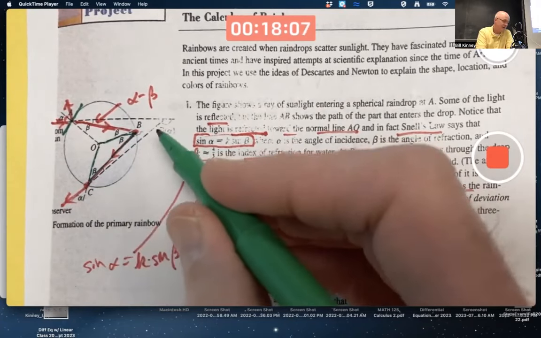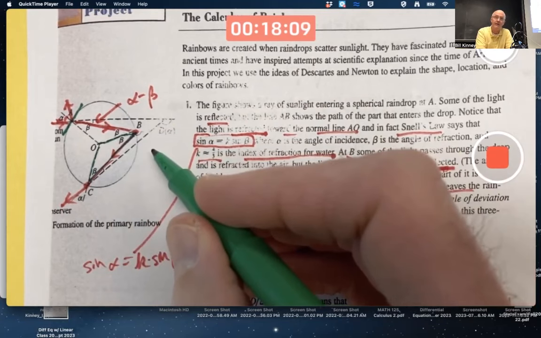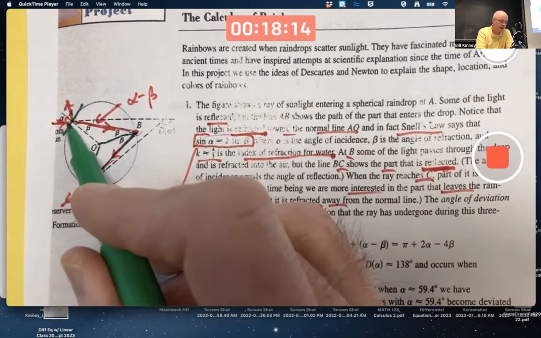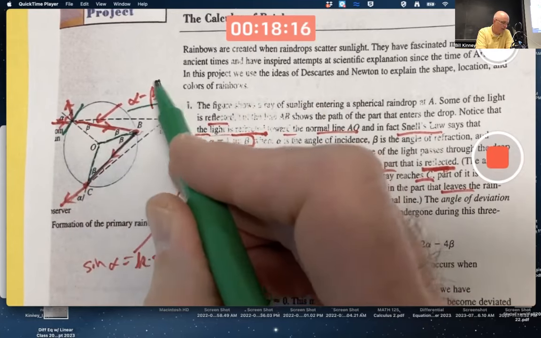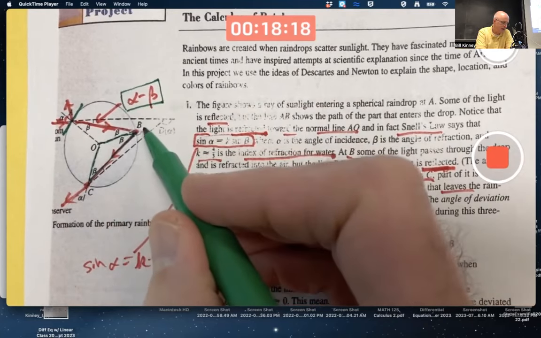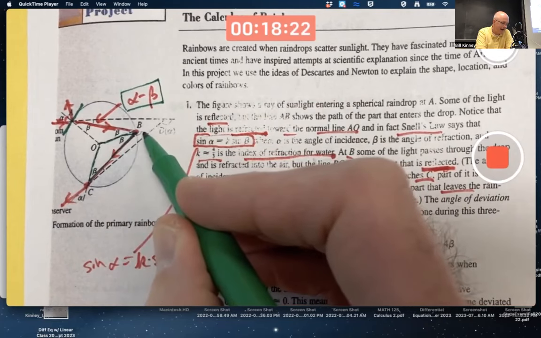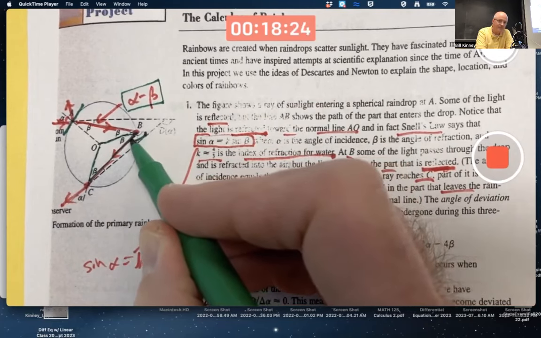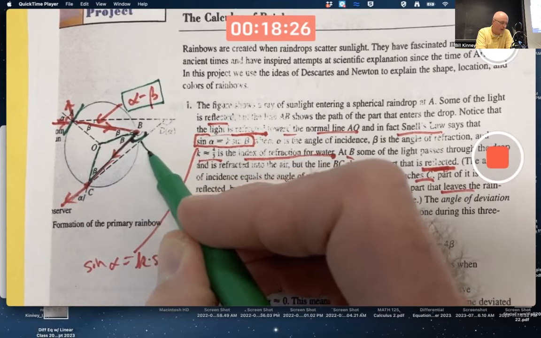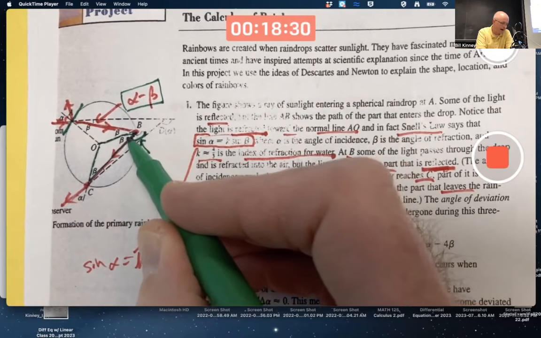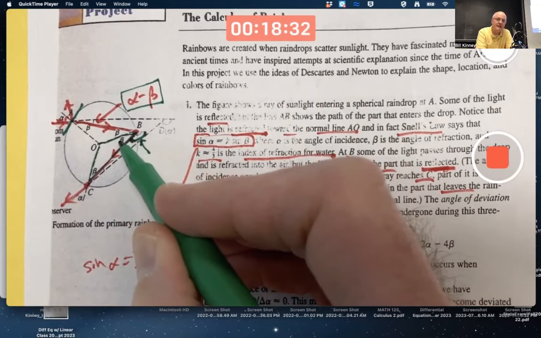So we got three turns that go on effectively. There's a refraction here going from here to here of angle alpha minus beta. There is a turning going on from here to here by an angle that's about like this. And that angle right there in degrees would have to be 180 degrees minus whatever this angle is.